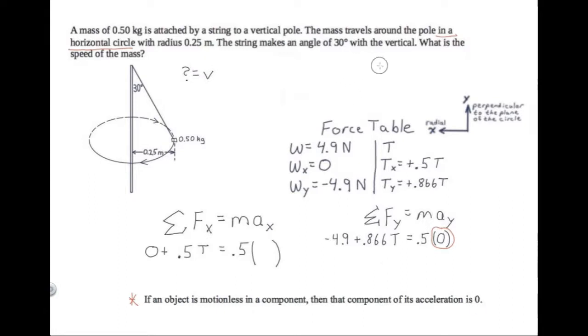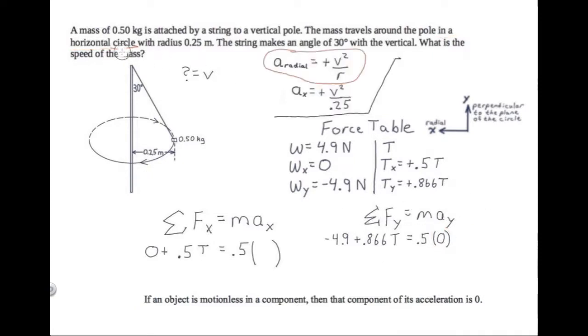In this problem, the object is moving in a horizontal circle. That means that the object is vertically motionless. The object is motionless in the y component. That means that the y component of the acceleration is 0. So we can substitute 0 for a sub y in our Newton's second law y equation.